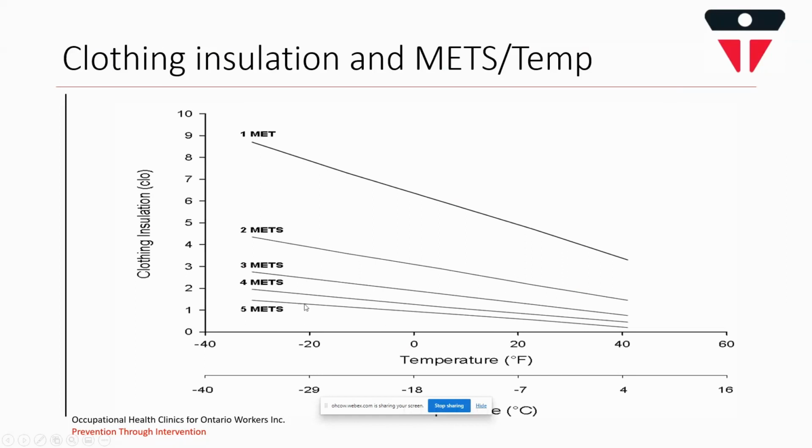You can see that as physical activity increases, the clothing insulation required decreases, because we need to get rid of the sweat and the extra heat. And also, when the temperature decreases, the requirement for insulation also decreases. So it's a combination of both. You have to see what the temperature is and what your activity level is to select the clothing insulation.